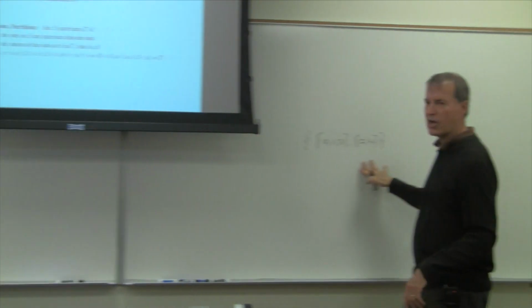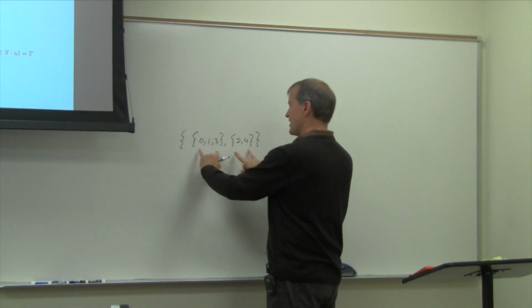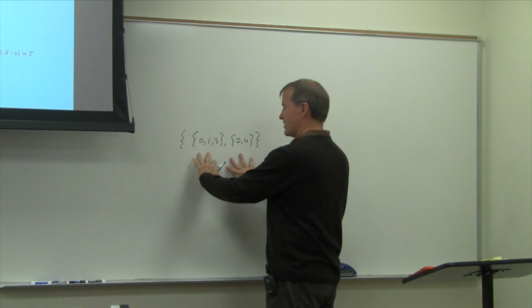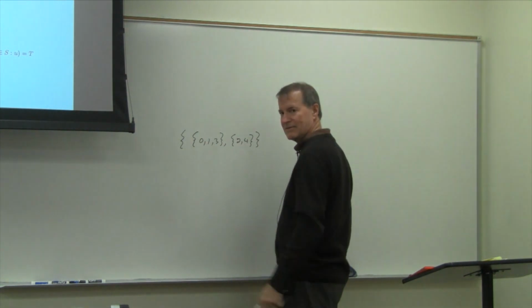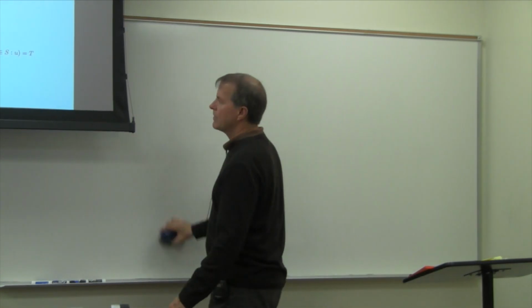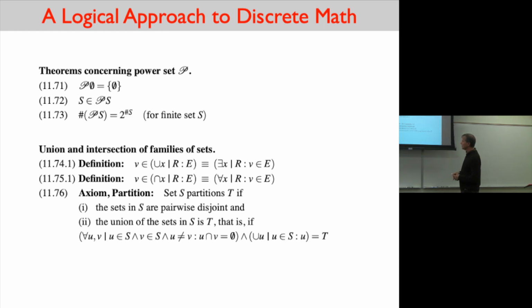So this whole thing is called a partition. Because it's a set of sets, each pair of these sets is disjoint: 0, 1, 3, and 2, 4. So this is what it means to partition. The sets in S are pairwise disjoint, and the union of the sets is T.